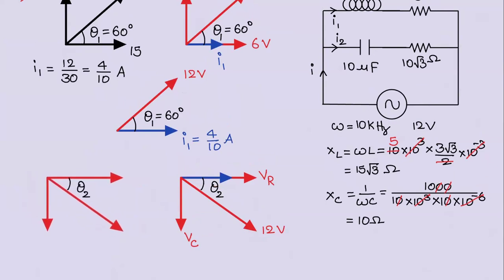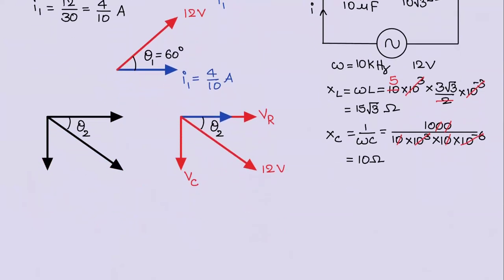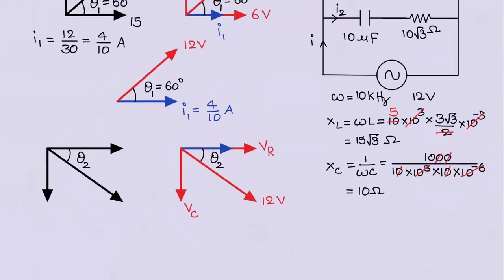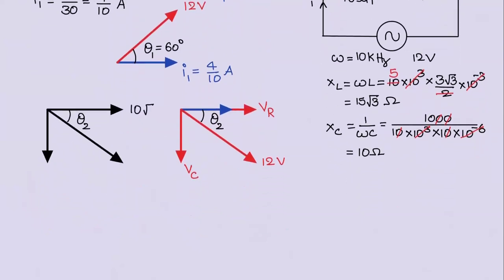In a series combination, we blindly make the phasor and continue, right? Then R is equal to 10 root 3 ohm and XC is equal to 10. Then it's obvious theta is equal to 30 degrees and this will be 20 ohm.